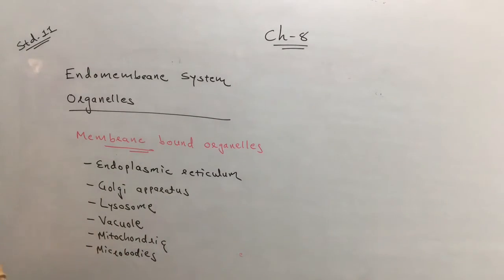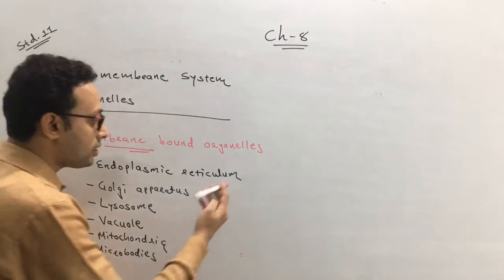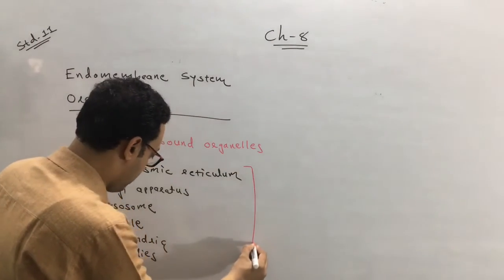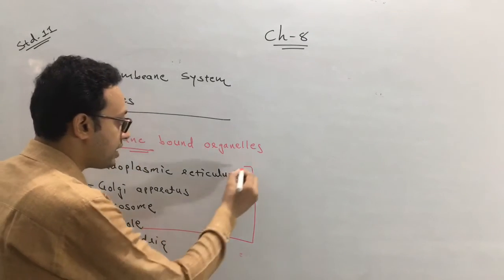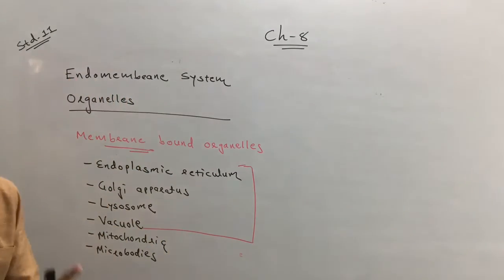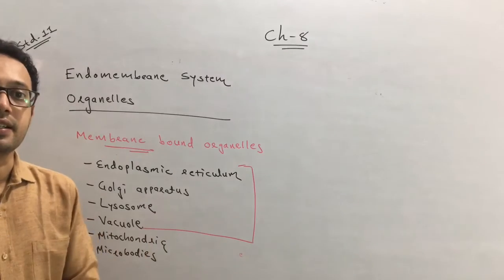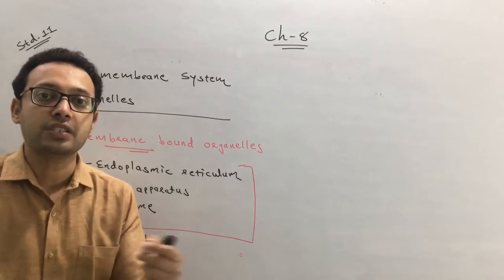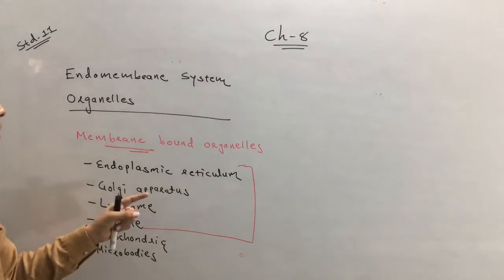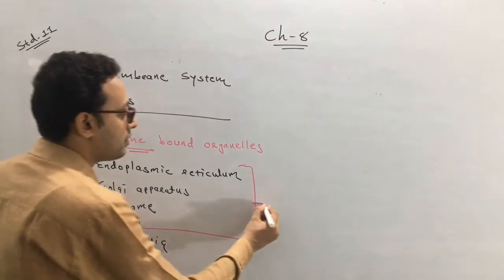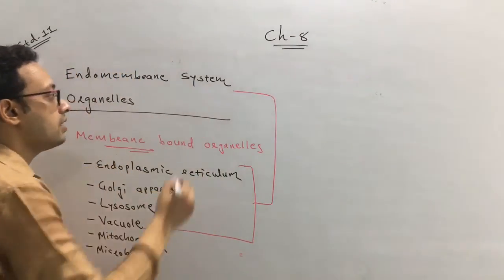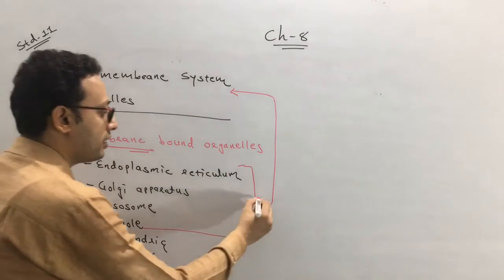But now the question comes, which are endomembrane system organelles? Those organelles which are membrane bound but whose functions are coordinated, functioning in coordination with each other, are called endomembrane system organelles.